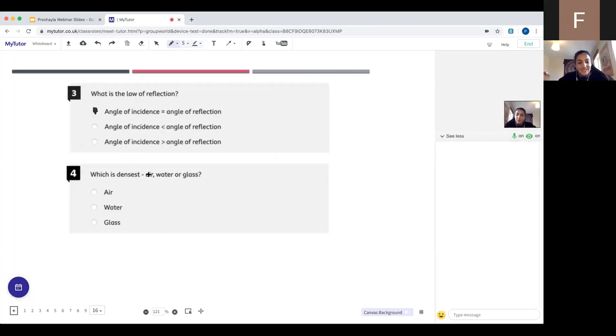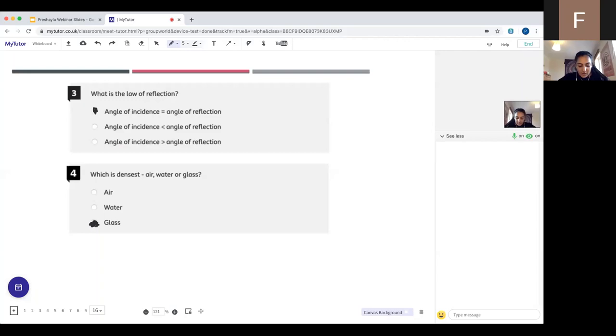Which is densest, air, water, or glass? Glass. If you're struggling to think about it in terms of materials, just think about it as gas, liquid, and solid. Just go back to year 7 when you first started learning about materials. You learned that gas is less dense than liquid, and liquid is less dense than solid.